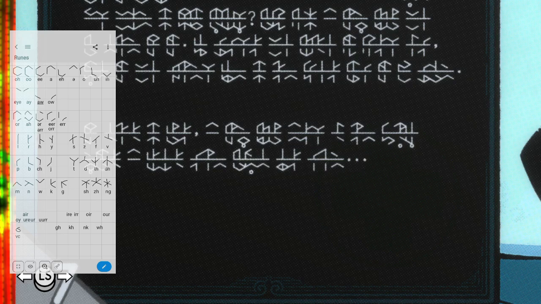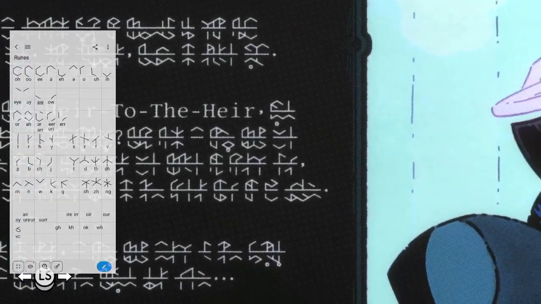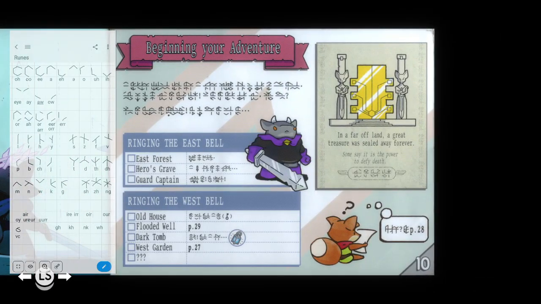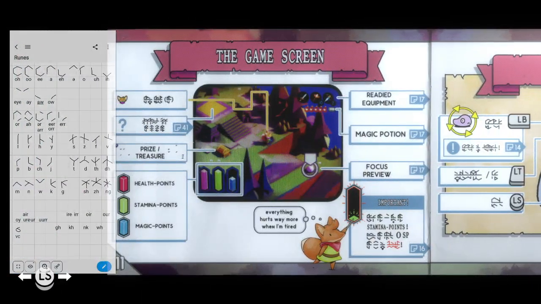From beyond this plane. Oh, we've been to another plane already. That part's not a problem. Read this page already.